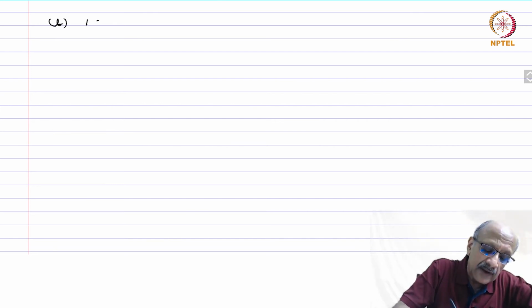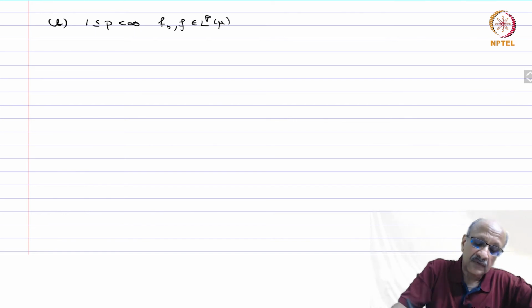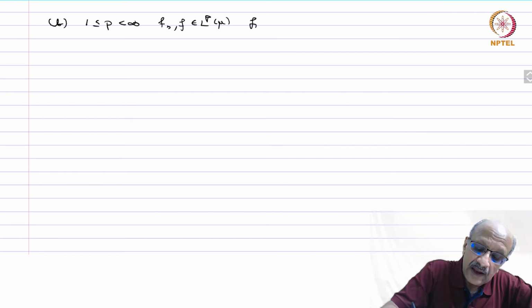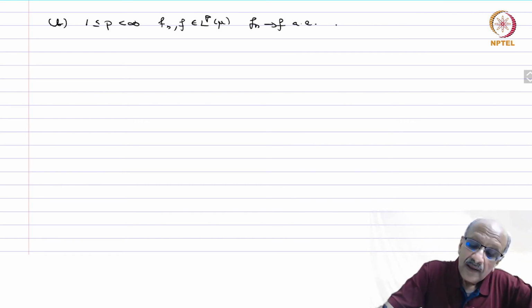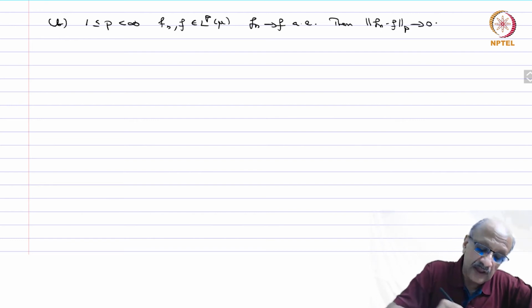So let 1 less than or equal to p less than infinity, and f_n, f belong to L^p of mu. So you already know both of them are in L^p of mu. Then, if f_n converges to f almost everywhere, the norm of f_n minus f in p goes to 0, that is f_n converges to f in L^p, if and only if the norm of f_n in p converges to the norm of f in p.